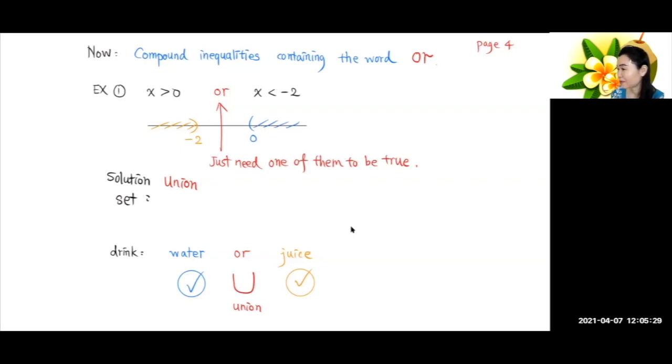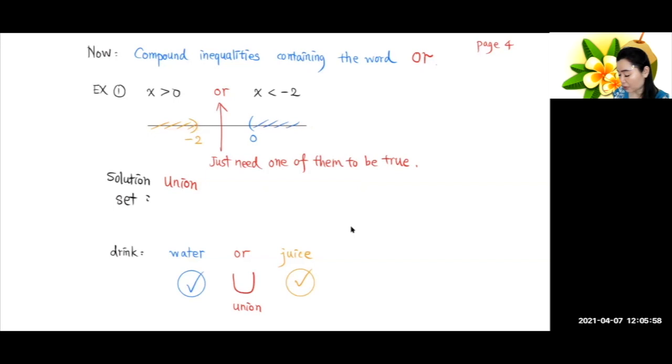Say, for example, if you go to a park, we say if you're a senior citizen or you're under 12 years old, you pay this price. So you just need one of them to be true. Therefore, both of them will satisfy. If you're here, it's okay. If you're here, that's okay.